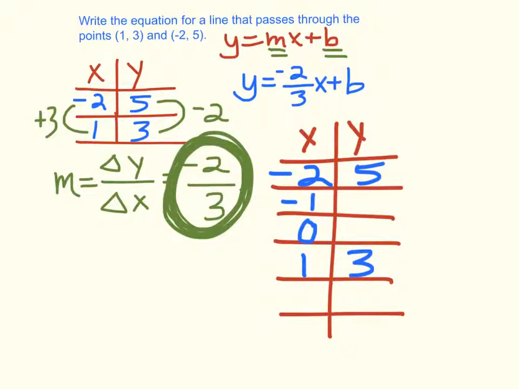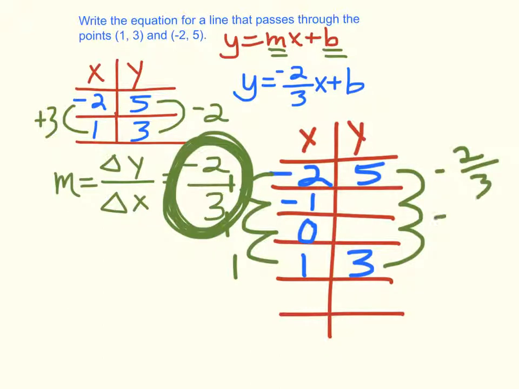And we can see we designed our table so that the x was going up by 1 every time. So our corresponding change in y is equivalent to our slope. So we're actually going up by -2/3. I guess I should say going down by 2/3 each time.